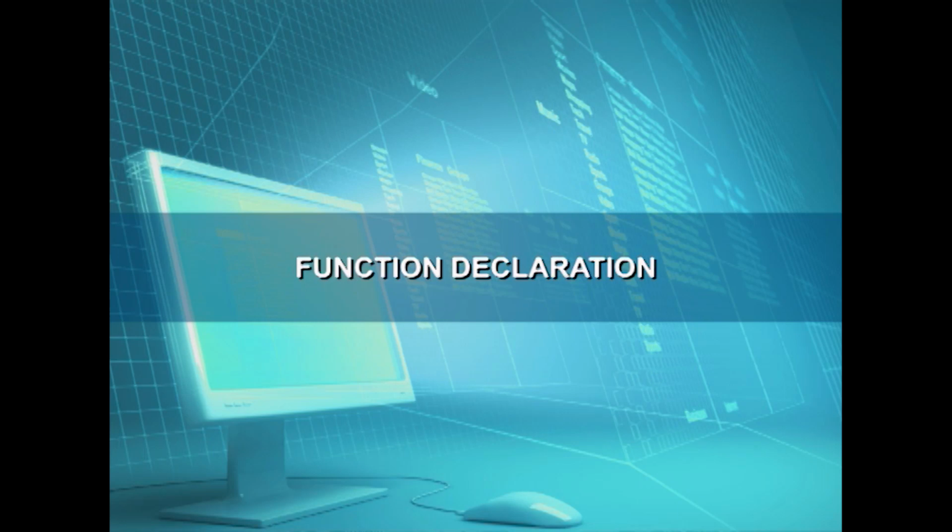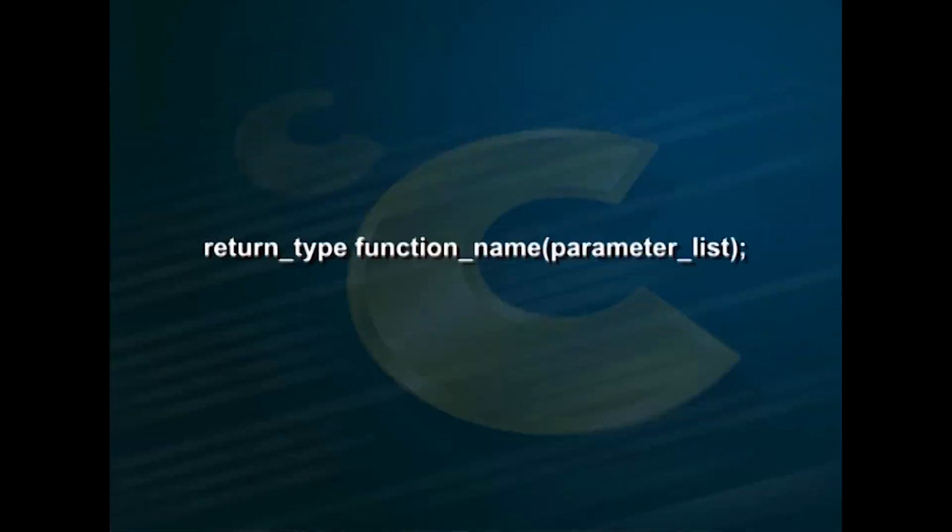Function declaration. Whenever a function is invoked in another function, it must be declared before use. Such a declaration is known as function declaration or function prototype. Function declaration always ends with semicolon. The general format is: return type, function name, within brackets parameter list, semicolon.